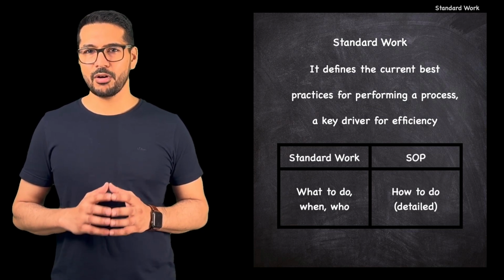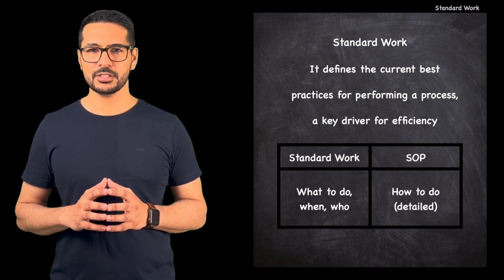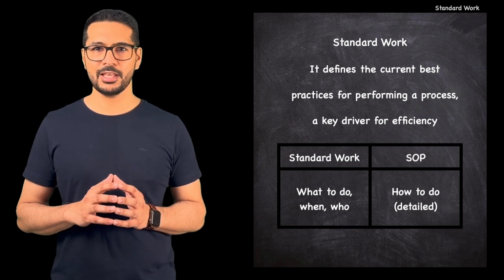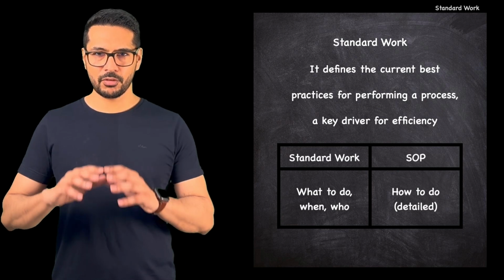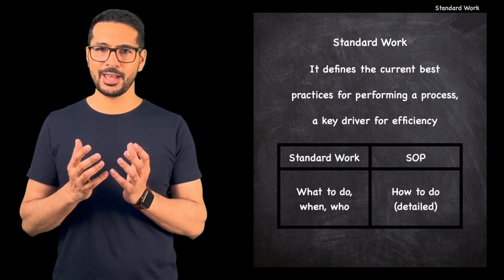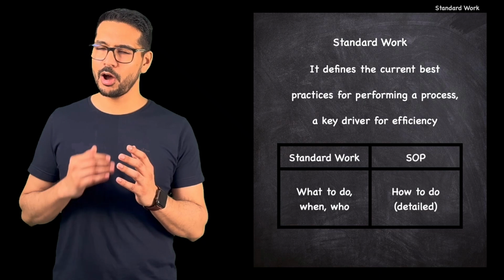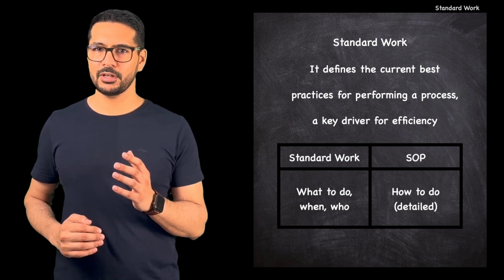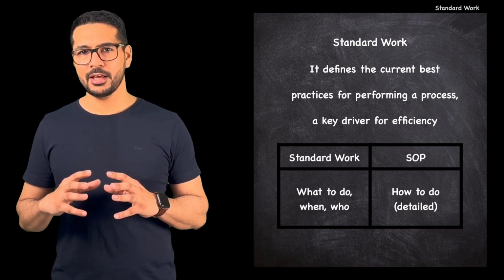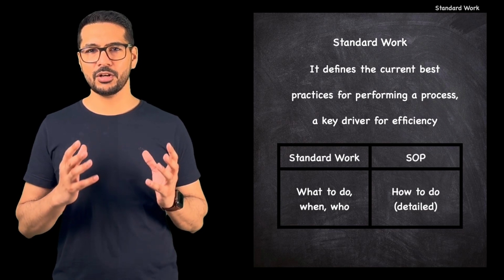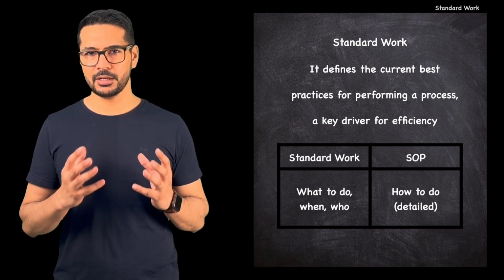Standard work is not SOP. It's not a standard operating procedure, because in SOP, we take one task, one activity and define in much detail how to do all the sub activities. But on the other hand, standard work standardizes how we are doing things, it documents the best practices.